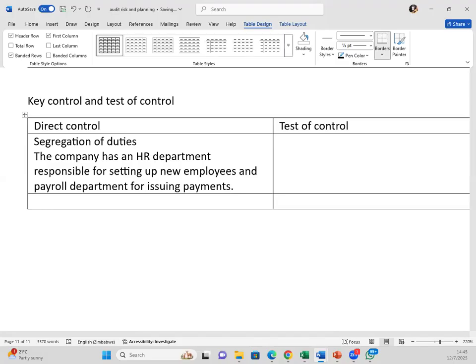So we have an HR department responsible for setting up new employees, and a payroll department for issuing payment.